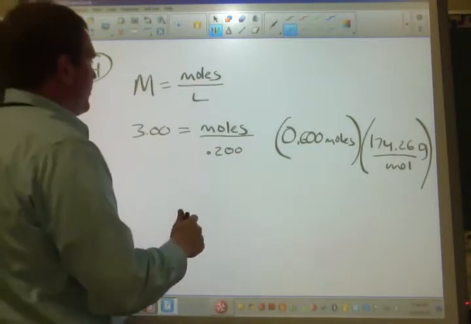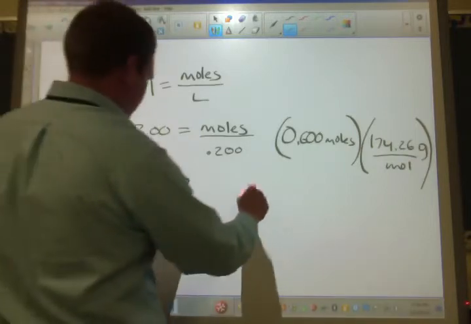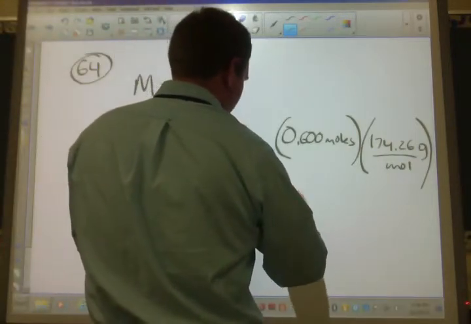And the answer I get, let's check sig figs, 3 sig figs, is 105 grams.